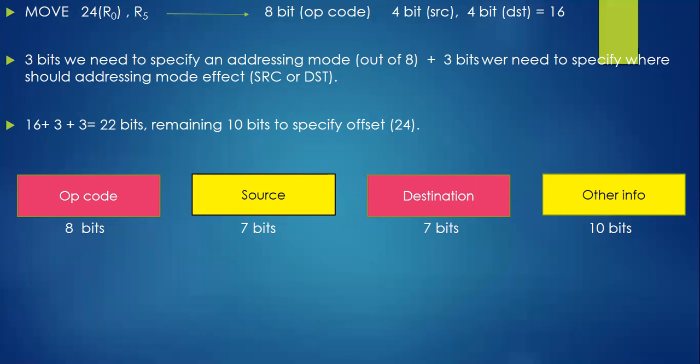That's why we are utilizing 3 bits to represent the addressing mode. Here we need 3 bits, here also we need 3 bits. Remember, plus 3 bits were needed to specify where the addressing mode should take effect, either source or destination. Which addressing mode is utilized? For that we need 3 bits.